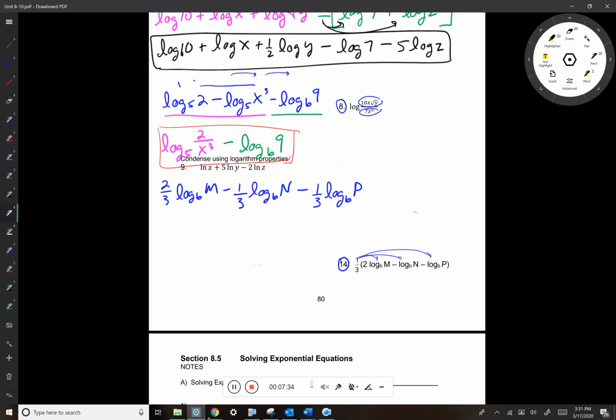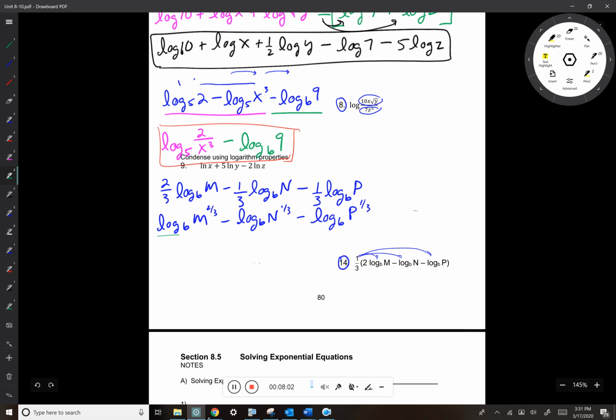So I could say that this one is going to be log base b of m to the 2/3 minus log base b of n to the 1/3 minus log base b of p to the 1/3. Alright, and now I can use that second property.